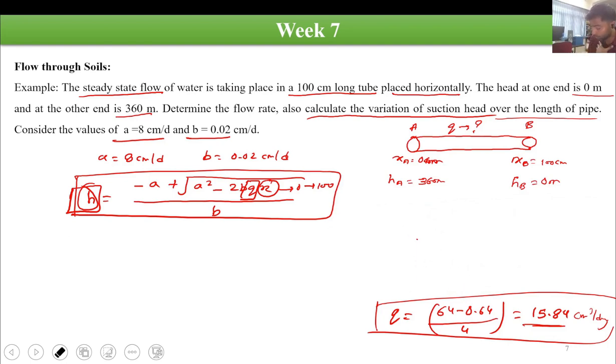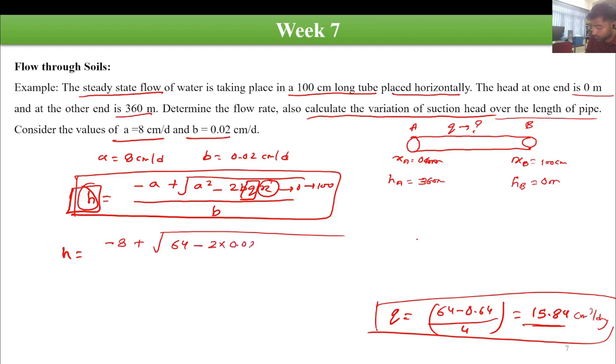So in this question only, if we do that, then h is going to be equal to minus a, is minus 8, plus under root of a square, which is 64, minus 2 into b, which is 0.02, multiply the Q value we have determined, the flow at steady state, that's going to be 15.84 multiplied by x, that is unknown, divided by 0.02.